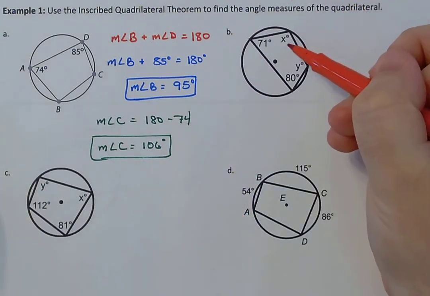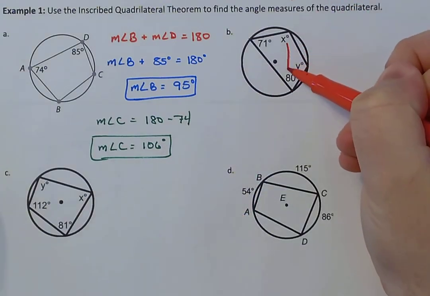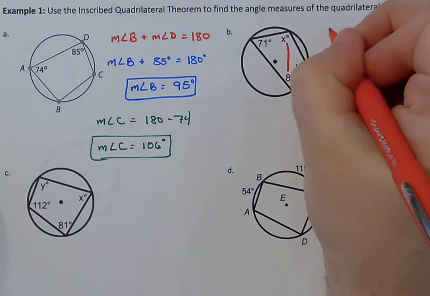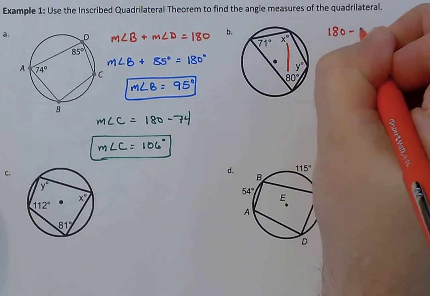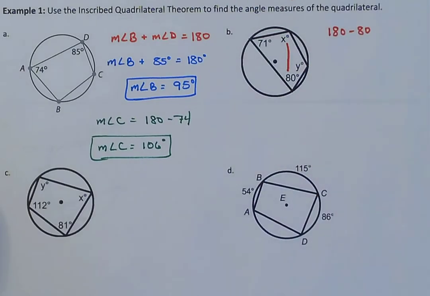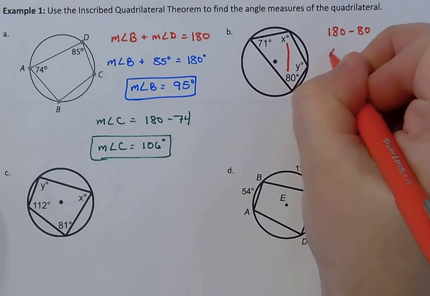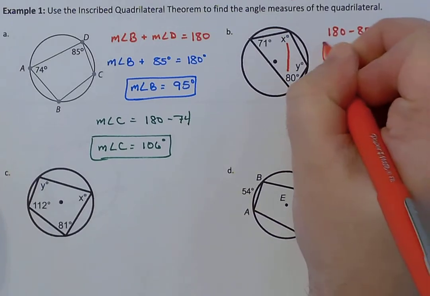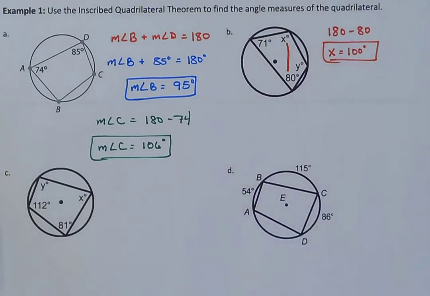The angle opposite of x is going to be the 80 degrees. So all we have to do is 180 minus 80, and that tells us that the measure of x is 100 degrees. And that's our answer.